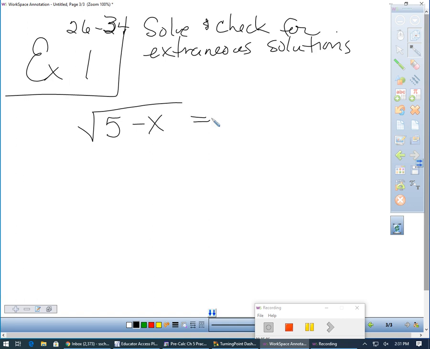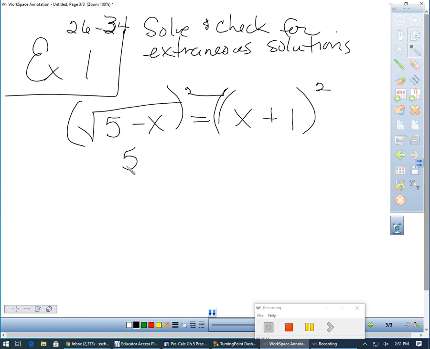Alright, so we have in this case the square root of 5 minus x equals x plus 1. So you can see we have the square root by itself, right? So first thing we're going to do is square both sides. Square this side, and we're going to square this side. Here, the square root and the square cancel.